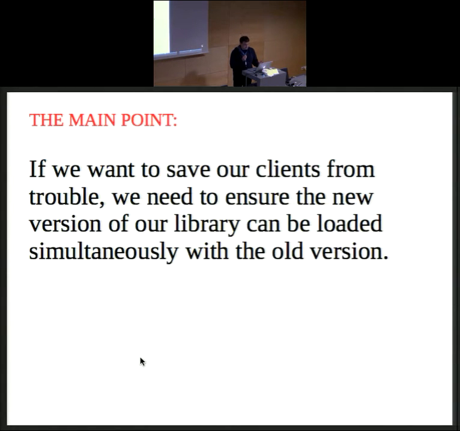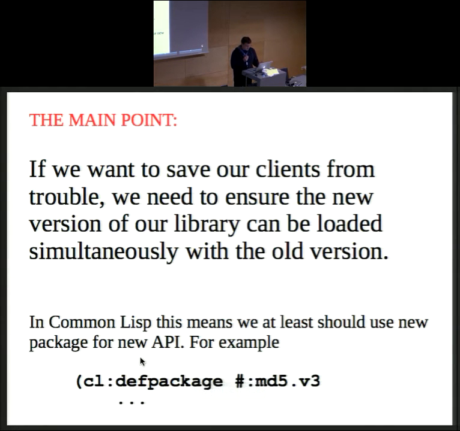So the main point, if we want to save our clients from trouble when we change our API incompatibly, we need to ensure the new version of our library can be loaded simultaneously with the old version. So in Common Lisp, this means we need to give a new package to the new version of the library. Like this, the package can be named MD5 version 3.